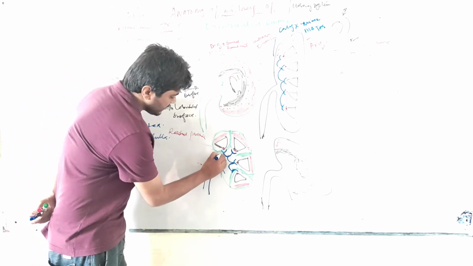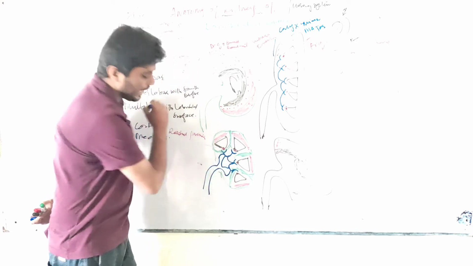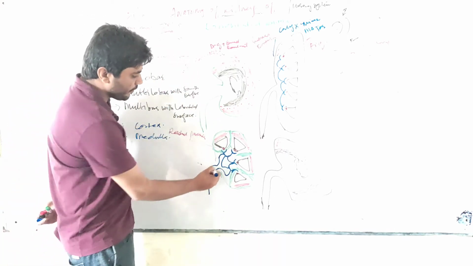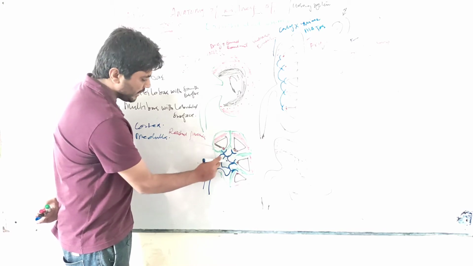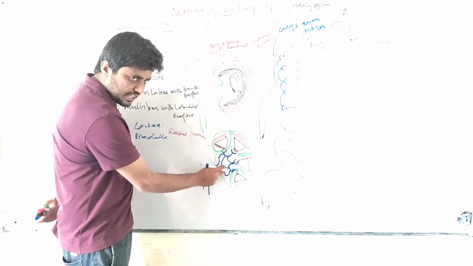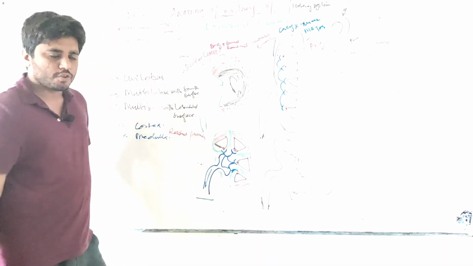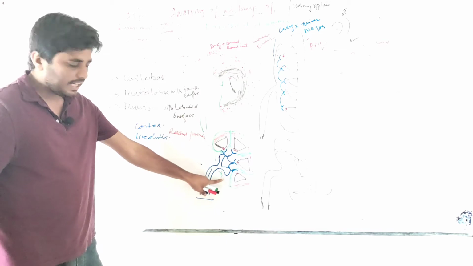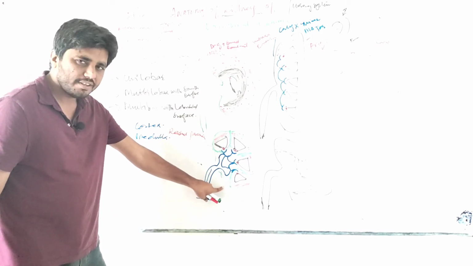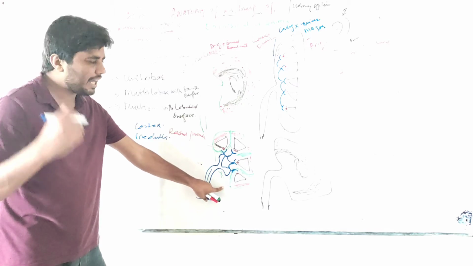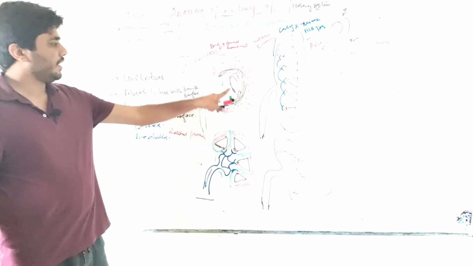These branches communicate directly with the major calyx. So urine goes from the papilla to the minor calyx, to the major calyx, to the anterior or posterior branch of the ureter, and the ureter goes directly to the bladder. So the point is that in the kidney of cattle there is no pelvic cavity.